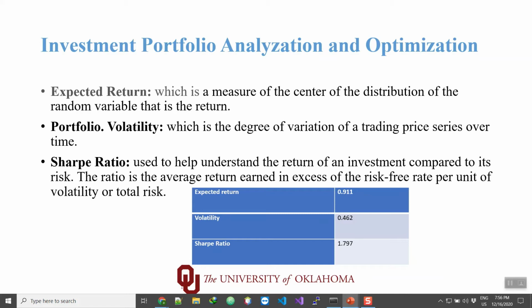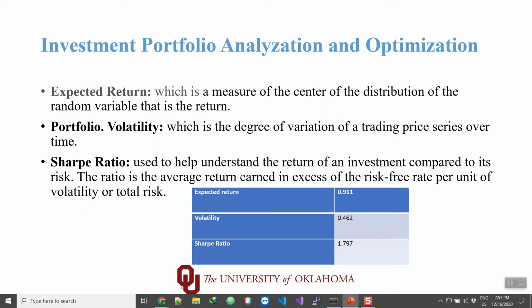Portfolio volatility is the degree of variation of trading prices over time, which tells us how volatile the stock actually is. So if it goes up very high and then drops back really low, like Tesla, for example. Sharpe ratio is used to understand the return of an investment compared to its risk.